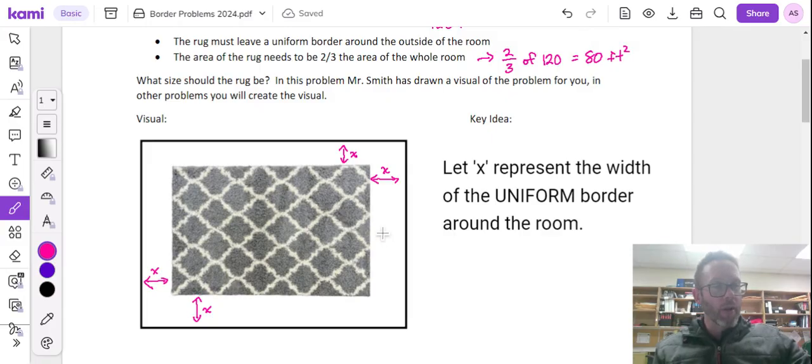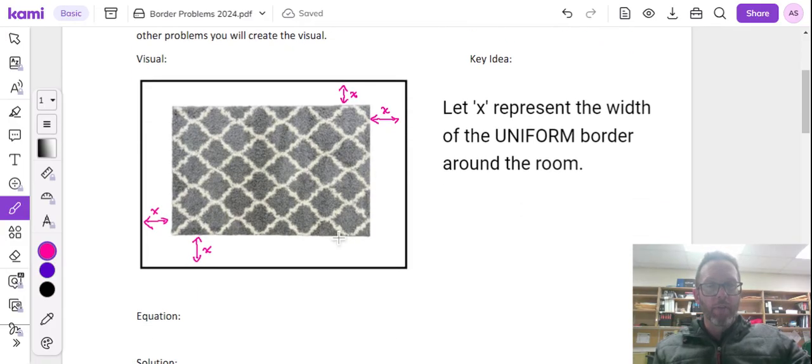So let me show you how we can set up an equation that models this scenario. Of course, the entire living room is 12 feet. What we're going to do now is come up with an expression for just the length of the rug.